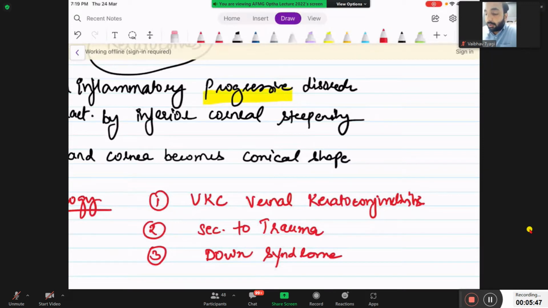Can you recall which pathological condition of cornea was associated with Down syndrome? Macrocornea, correct. Macrocornea was associated with Down syndrome, and microcornea was associated with congenital rubella syndrome.